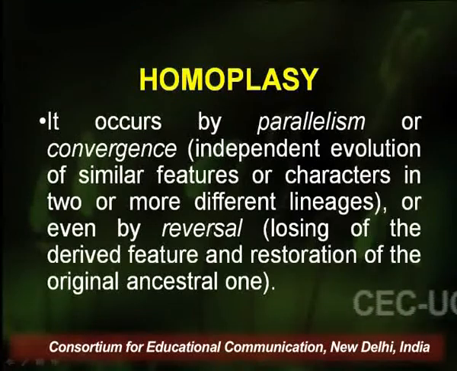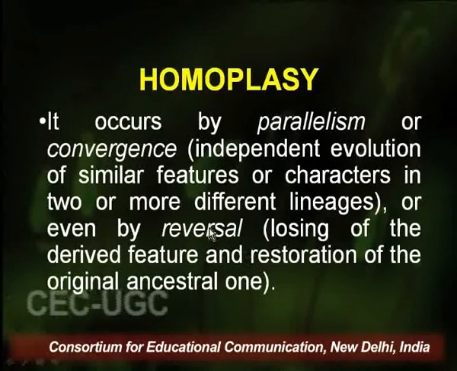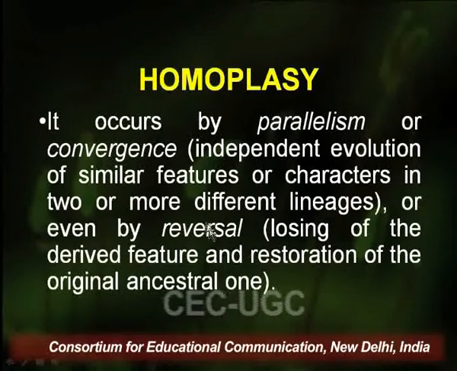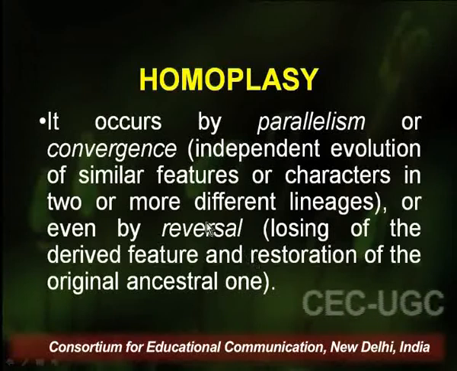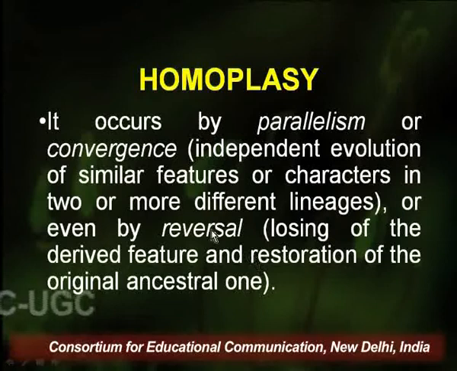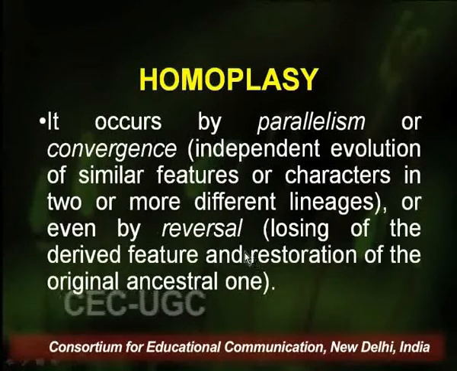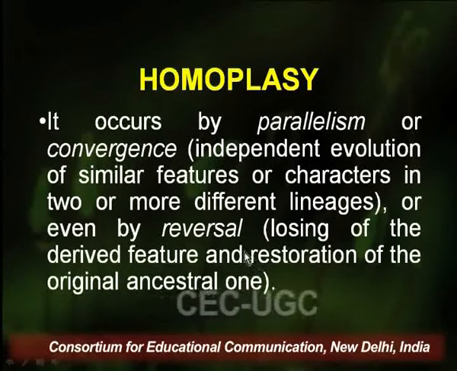It occurs by either parallelism or convergence, that is, independent evolution of similar features or characters in two or more different lineages, or even by reversal, that is, losing of the derived feature and restoration of the original ancestral one. So, what is parallelism?